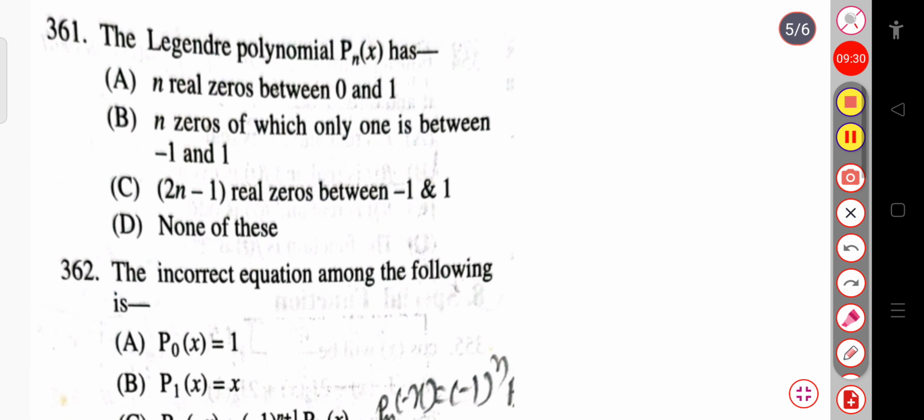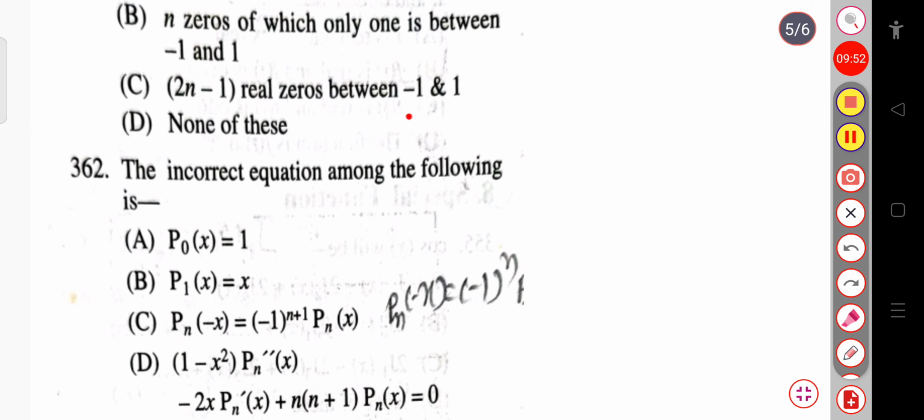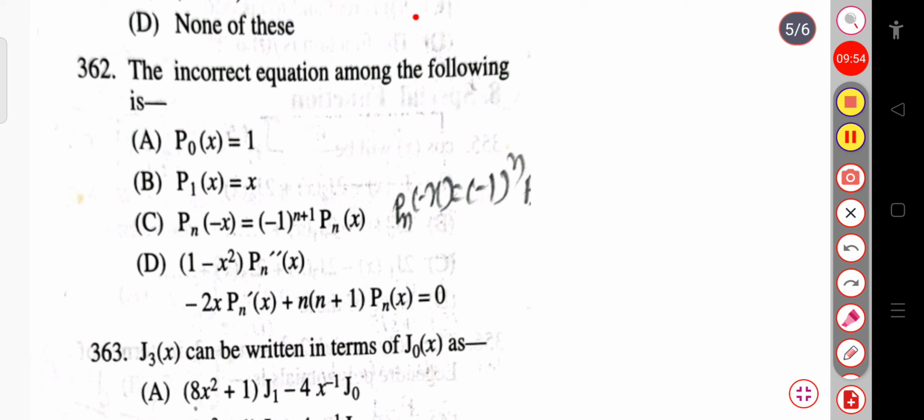Now the next question is, the Legendre polynomial Pn of x has n real zeros between 0 and 1, or n zeros of which only 1 is between minus 1 and 1, or 2n minus 1 real zeros between minus 1 and 1, or none of these. So here the Legendre polynomial has n real zeros between 0 and 1. Then the next question is, the incorrect equation among the following.